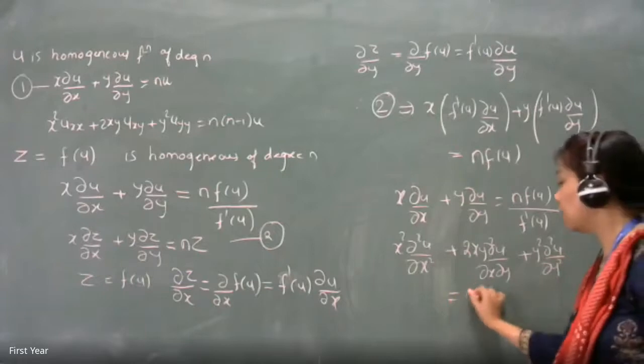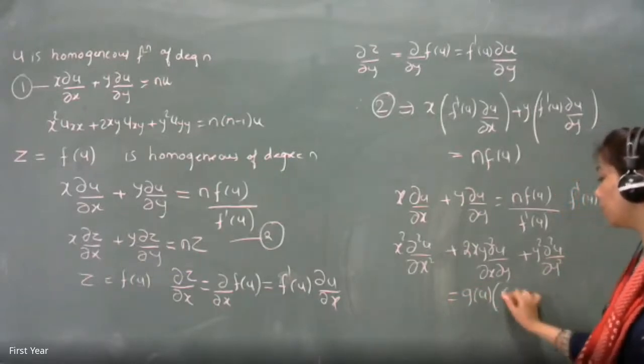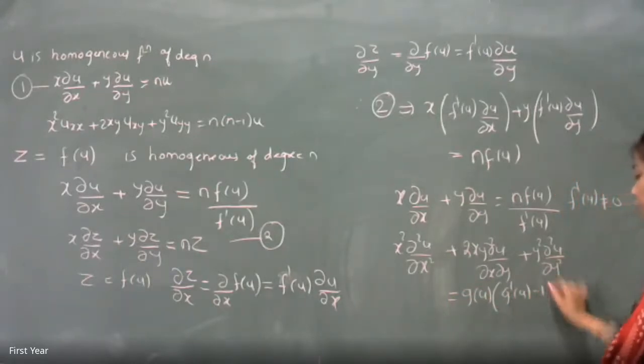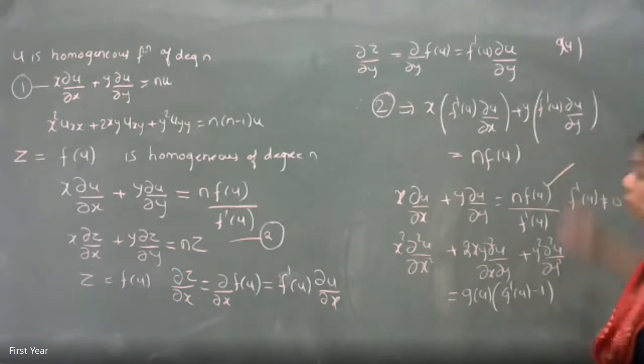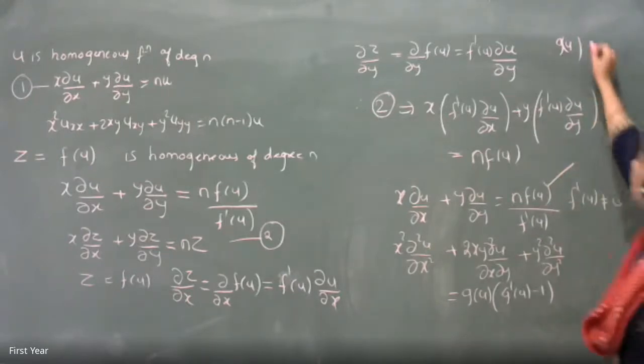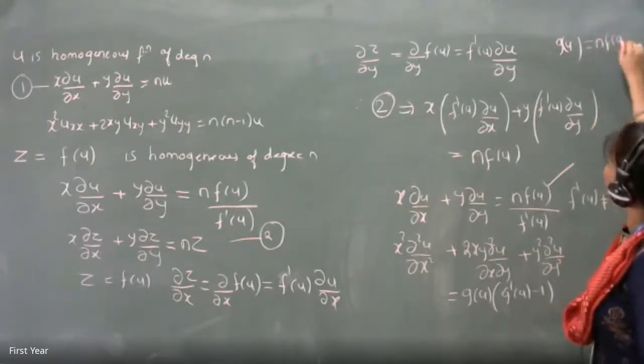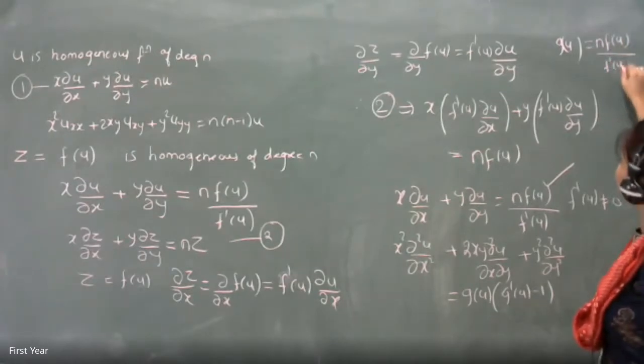This is nothing but equal to g of u into g dash of u minus 1, where g of u is what you have got from the first order Euler's theorem. That is n into f of u divided by f dash of u.